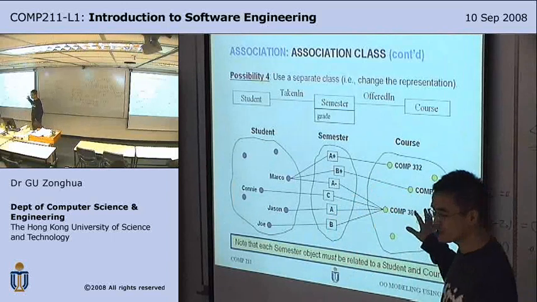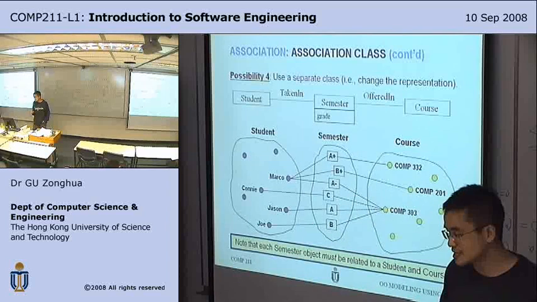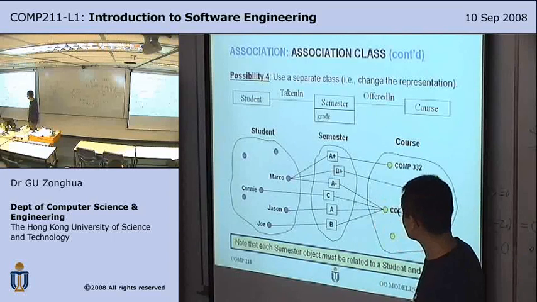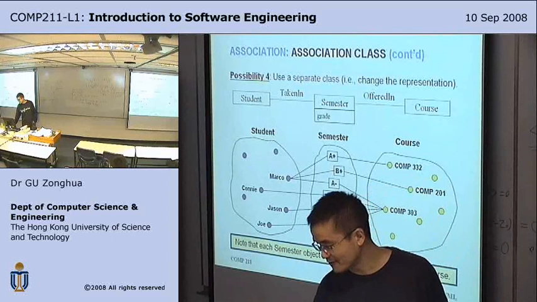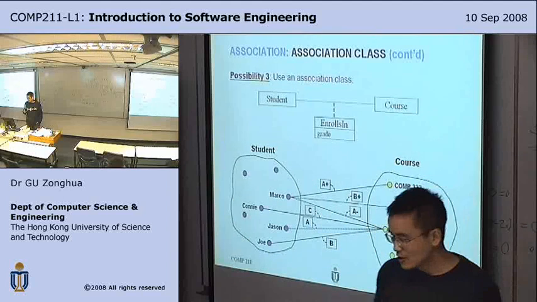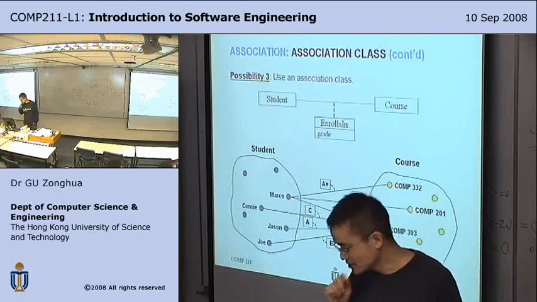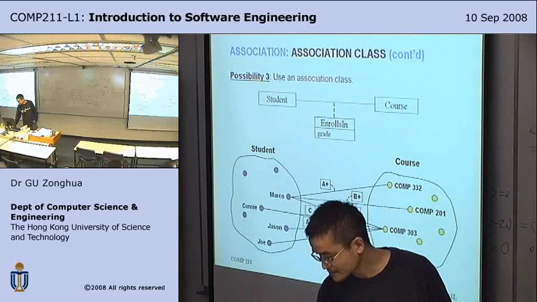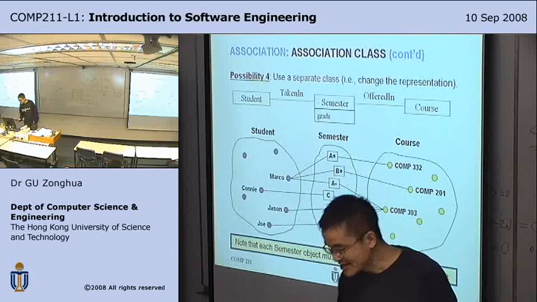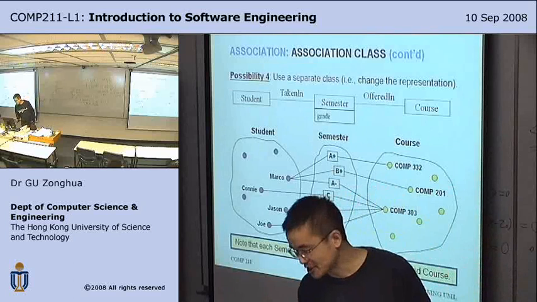So here the semester is really a separate class. It can exist independent of the student and course classes. If you delete the course class, the semester class sits there by itself. But here the enrolls-in class is an association class, which is dependent on the two main classes. So each semester object must be related to a student and a course.